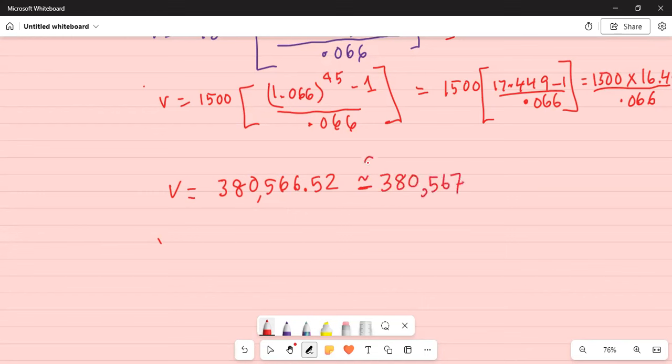So if you invest $1,500 at the end of each year for 45 years with an interest rate of 0.066 compounded annually, you're going to get $380,567. Okay, this is your answer.